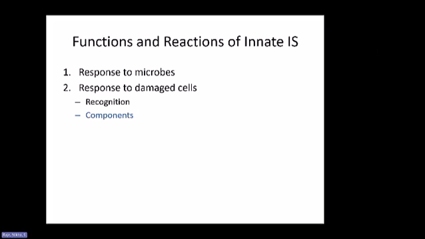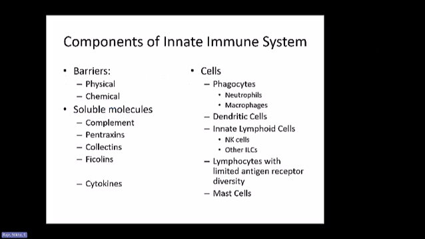Let's look at some of the components of the innate immune system. We know that there are these functions of the innate immune system that include a barrier function, so physical or chemical barrier. We'll be talking about these soluble molecules that are in the extracellular fluids, helping with recognition of PAMPs and DAMPs.